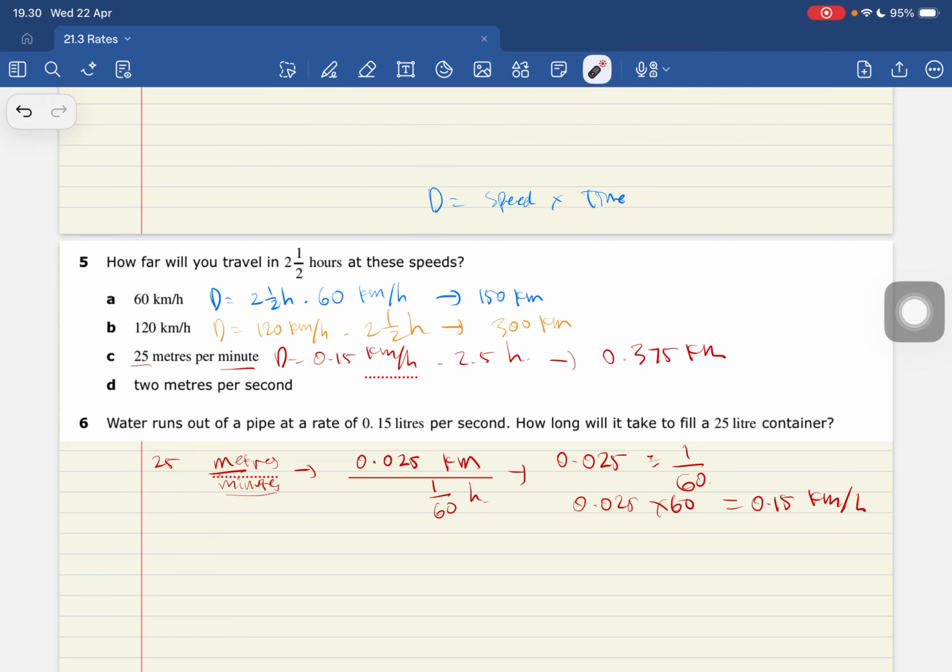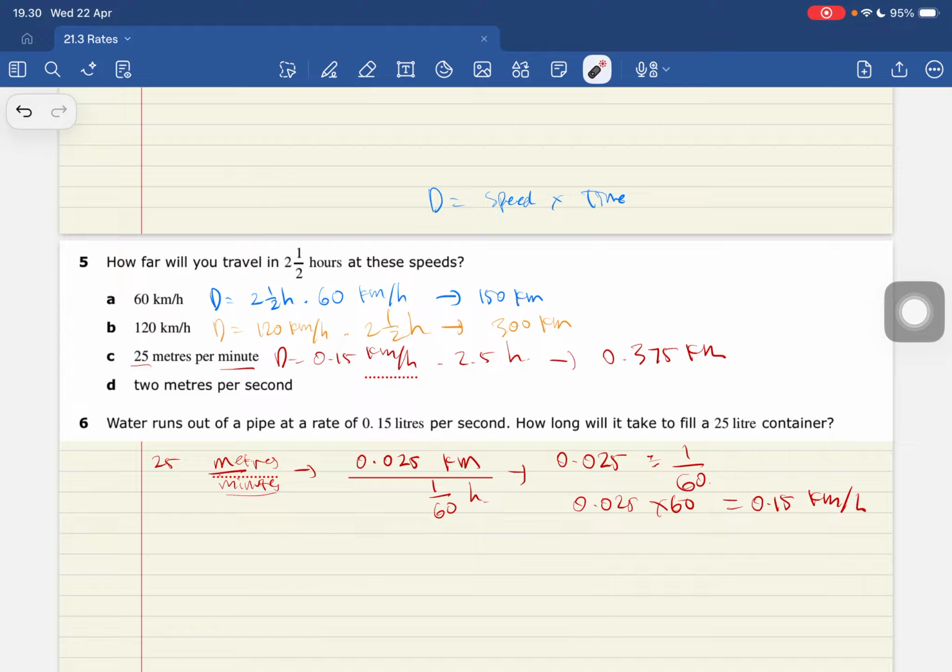And in 1 minute, we will change it into hours. So we can just make it 1, we divide by 60. Then we got 0.025, we divide by 1 over 60. So here we can just flip. Then it will become the multiplication, 0.025 we multiply by 60, so it's gonna be 1.5.